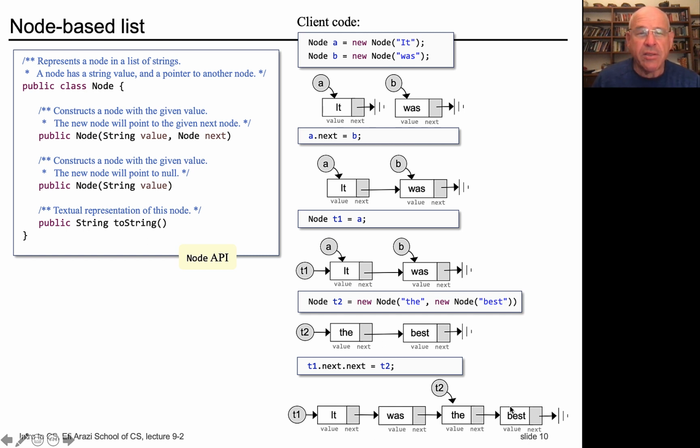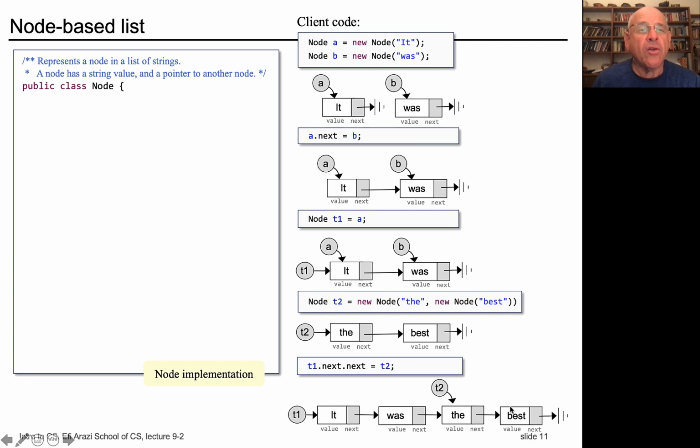All right, so let's look at the implementation of the node class. How did we make it happen? Okay, so here is the inner view of the node class. First of all, we're going to create objects that have two fields. The first field is simply a string, like the word eat, was, bread, milk, whatever.